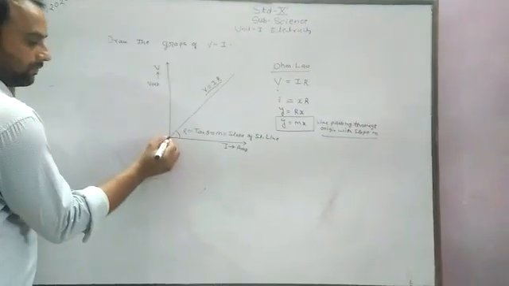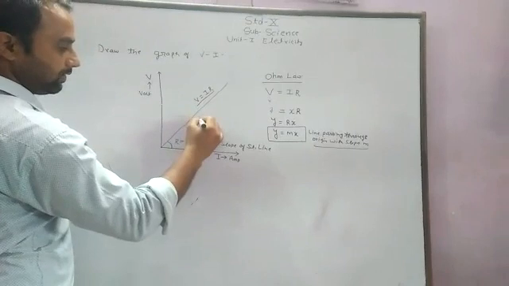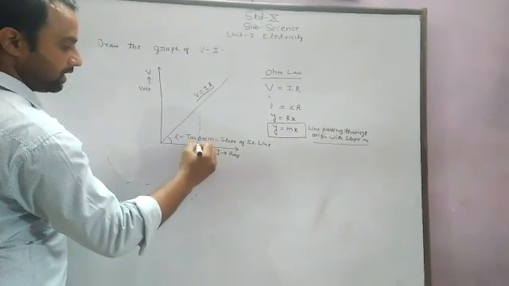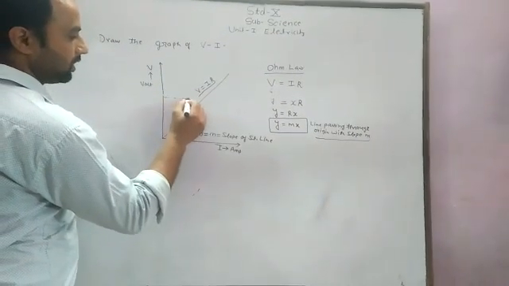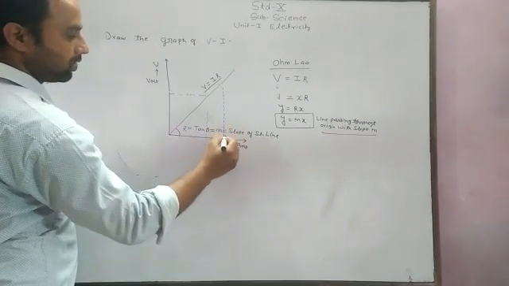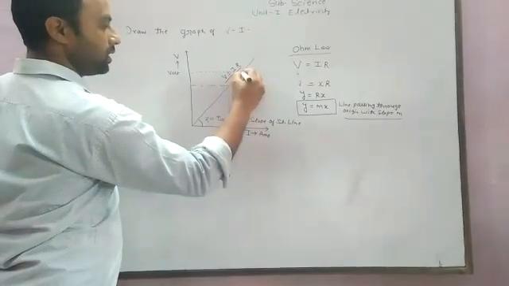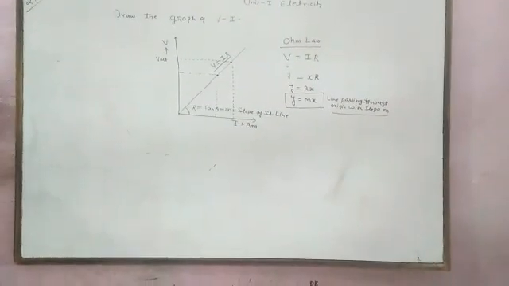This is our origin. If we are interested in finding the resistance value of the conductor, we have to consider two points on the line.